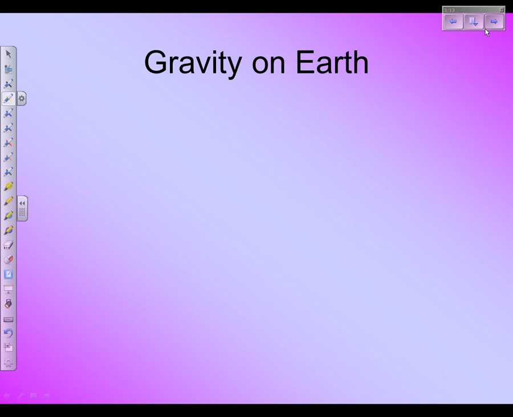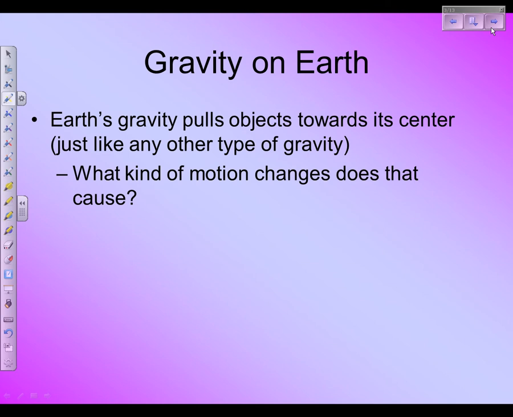All right. So we generally think of gravity as gravity here on Earth, and yes, there is gravity here on Earth, but that doesn't mean it's any different than any other gravity. For instance, gravity on Earth pulls things towards its center, just like any kind of gravity does. Gravity is an attractive force. It pulls things together. And because gravity is acting on something, it can cause changes in motion. Like what?